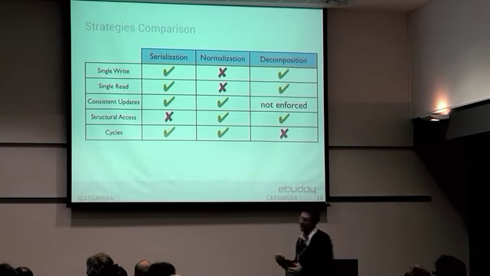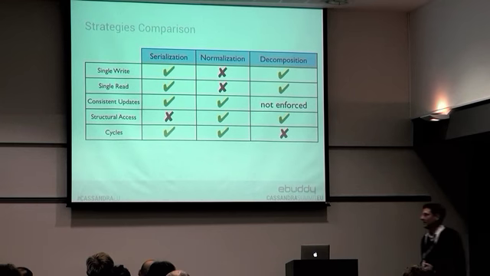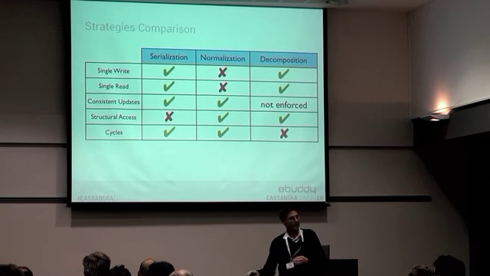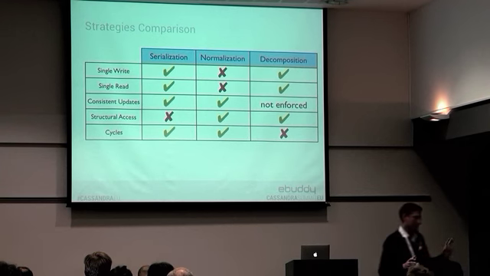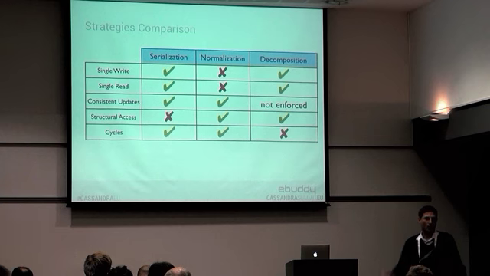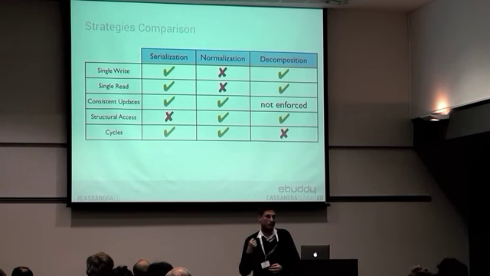So each solution has advantages and disadvantages. Serialization has the advantage that you can do a single write. When you write the object to your database, you package it up into a blob, and you just do one write, and the whole thing is there. You can read it back with a single read.